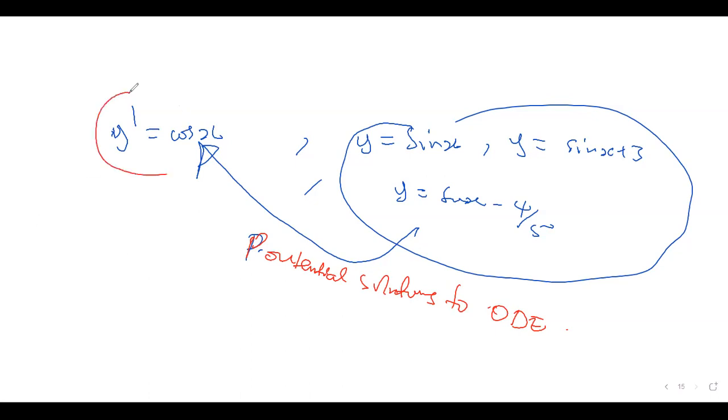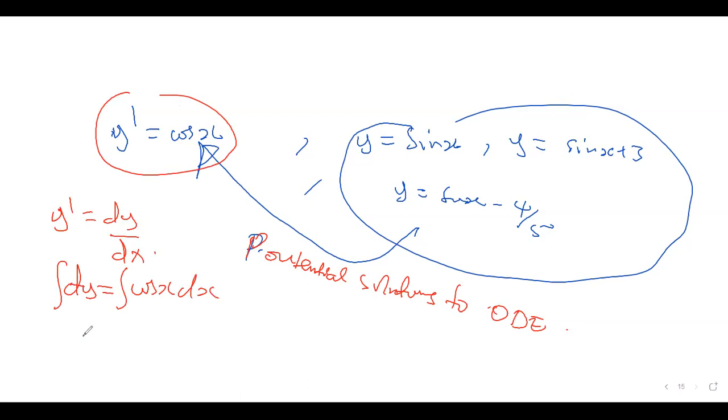Because y dash is the same as dy/dx, simply said. So dy/dx equal to cos x, so dy equal to cos x dx. When you take the integral, it implies that y equal to sine x plus a certain constant c. So when the constant c is 0, we have this.